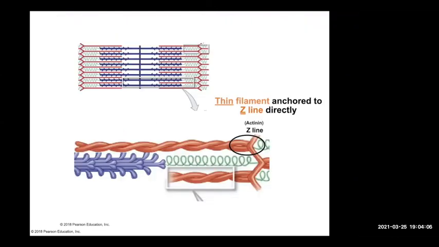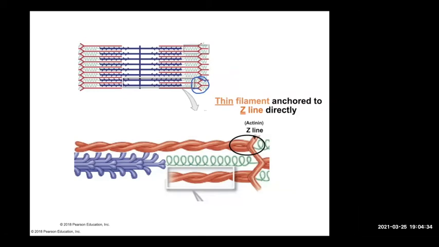Now looking a little bit closer, at a closer range here, we're going to look at this section, where the Z disc, the Z line is over here, and the actin filaments coming off it. So these thin filaments, your actin filaments, are directly anchored to the Z line.